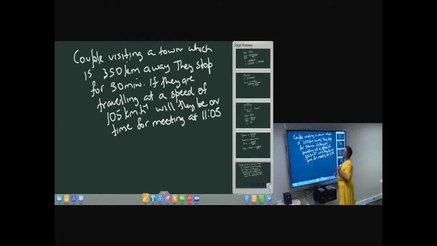Okay. A couple is visiting a town which is 350 kilometers away. They stop for 30 minutes. If they are traveling at a speed of, okay.